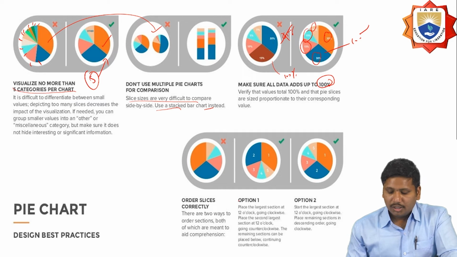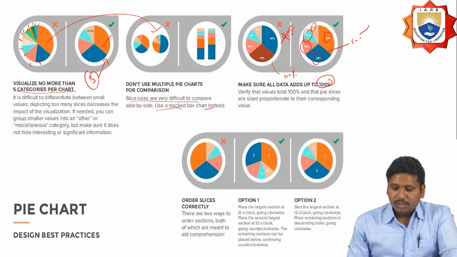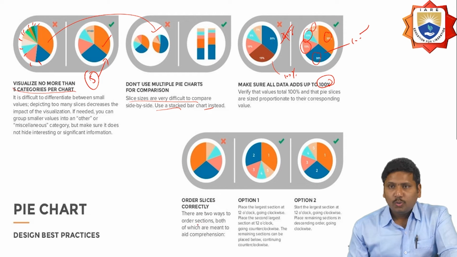And next one, order the slices correctly. There are two ways to do this, both meant for comprehension.